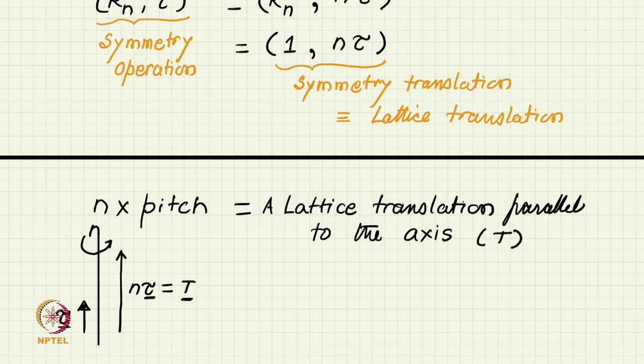Since it is a lattice translation, it has to be a multiple of the minimum lattice translation in this direction.